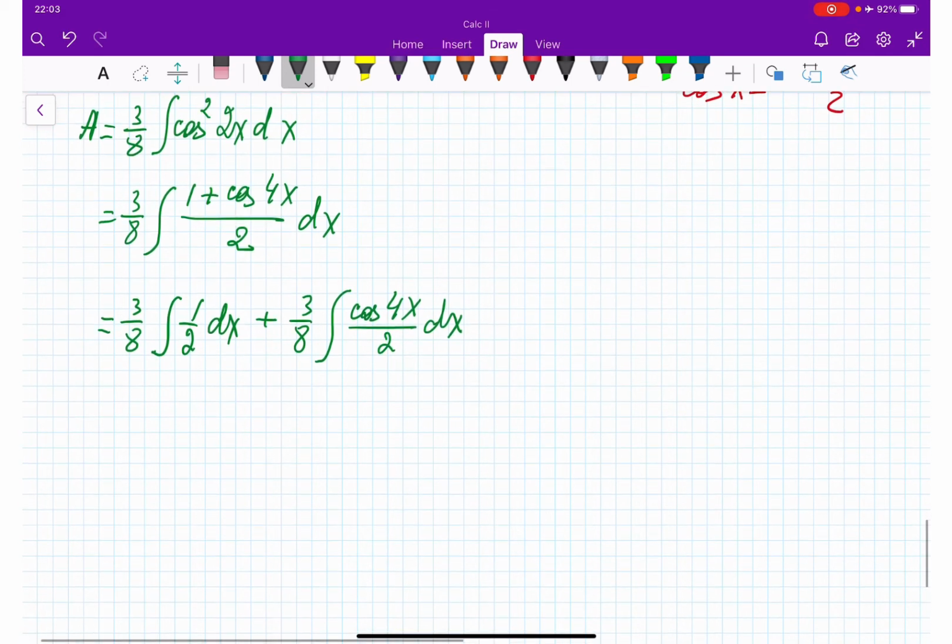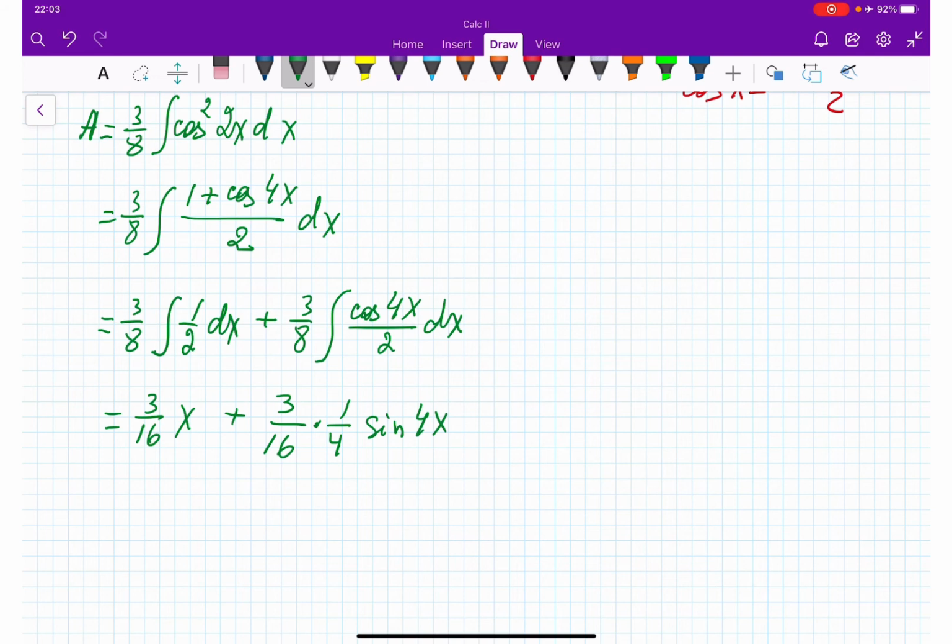Okay, this is equal to 3 over 16x, right? And plus 3 over 16. Okay, this 2 comes out also. It will be 3 over 16 times, since we have cosine 4x, it's going to be 1 over 4 and sine 4x.